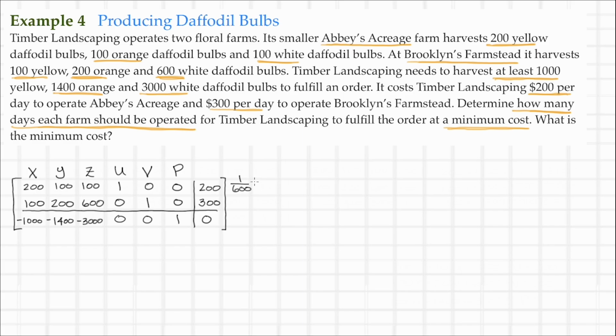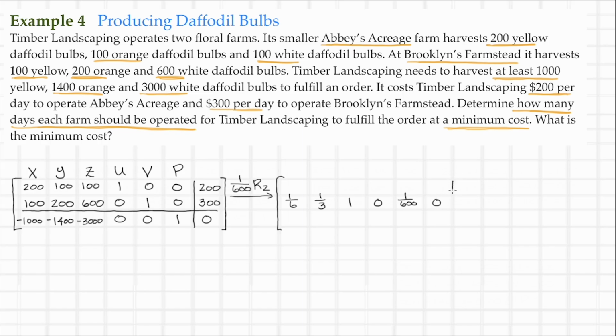So then we could start with 1/600th of row 2. Put in a bracket. 100 times 1 over 600, that's 1/6. 200 over 600, that's 1/3. 600 times 1 over 600, that's 1, 0, 0. 1 times 1 over 600, that's 1 over 600. 0, 0.